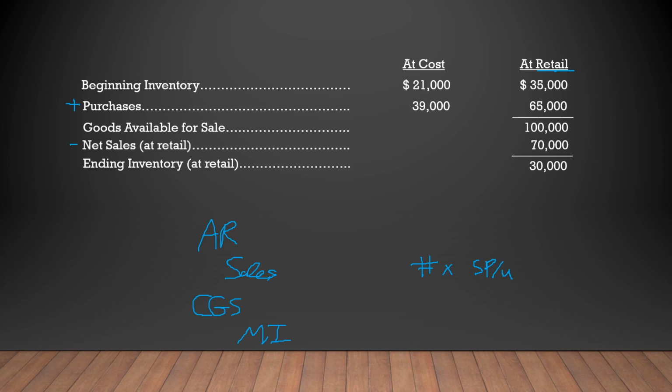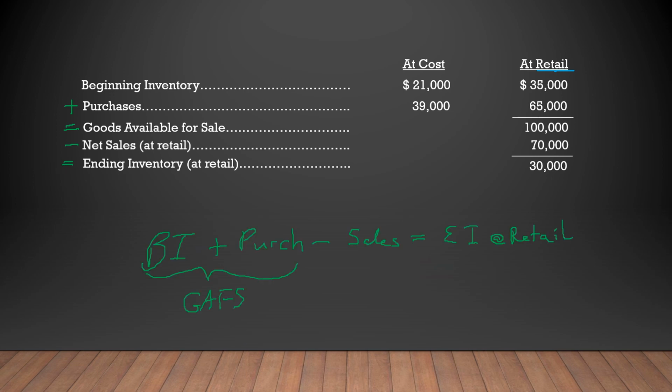Secondly, what you see before you is a variation of that formula I told you to memorize. Beginning inventory plus purchases equals goods available for sale minus net sales equals ending inventory. Now that we have our ending inventory at retail, we just need to convert it to ending inventory at cost. This is where step 2 applies.